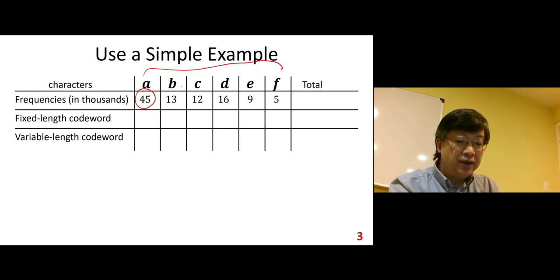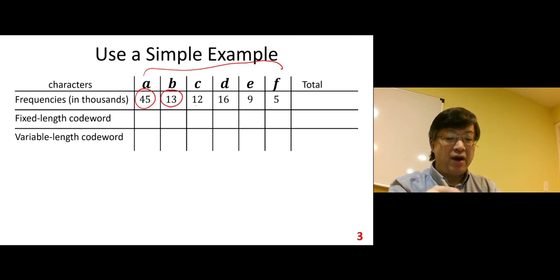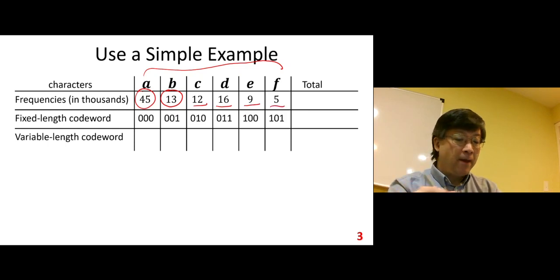B appears 13,000, C 12,000, D 16,000, E 9,000, F 5,000.